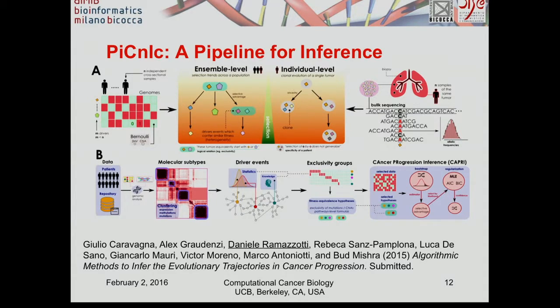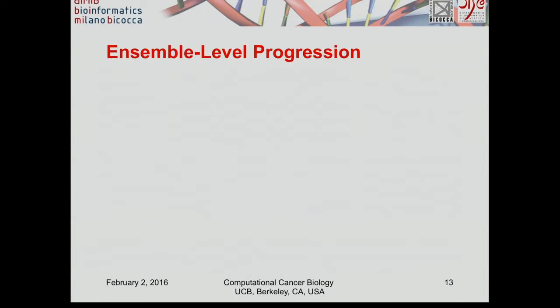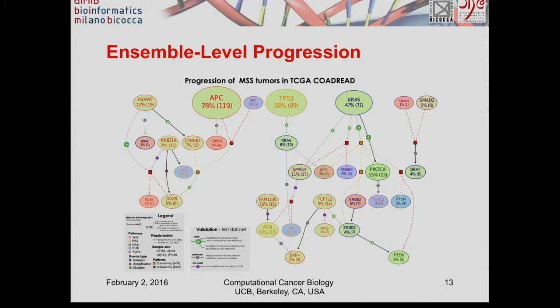So a big chunk of the pipeline up to this point is to find cancer subtypes, driver events and cancer subtypes, and then going here. We are also using exclusivity finding tools in order to automatically produce some of the patterns, some of the formulae that we are then inputting into CAPRI. Okay. So this is one example of the result that you get out of CAPRI.